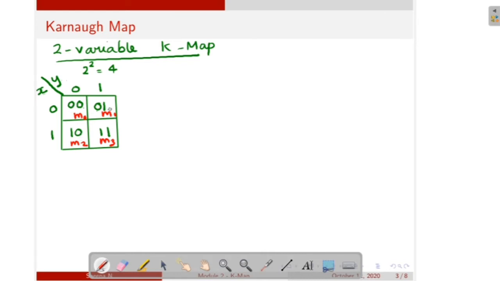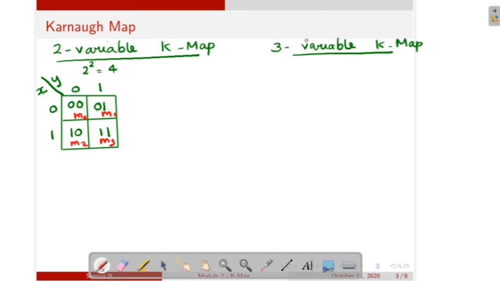And here also m1 and m3 are adjacent. That means the first bit is different and the second bit is same. Also these two are adjacent, m2 and m3 are adjacent. That means the first bit is same and the second bit is different. Okay, so the adjacent cells should differ in one bit only.